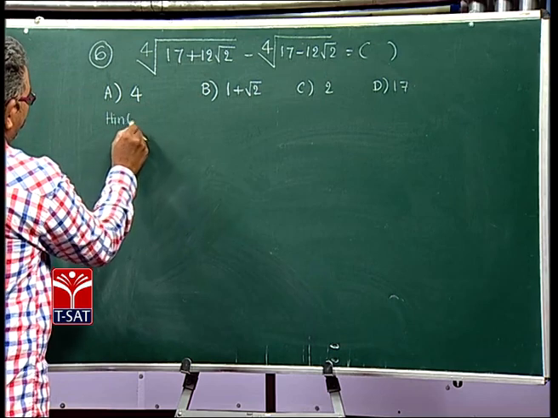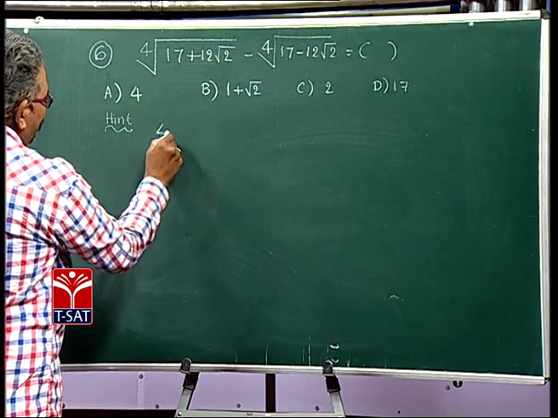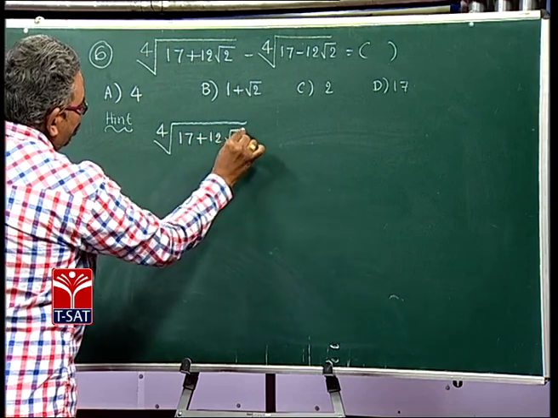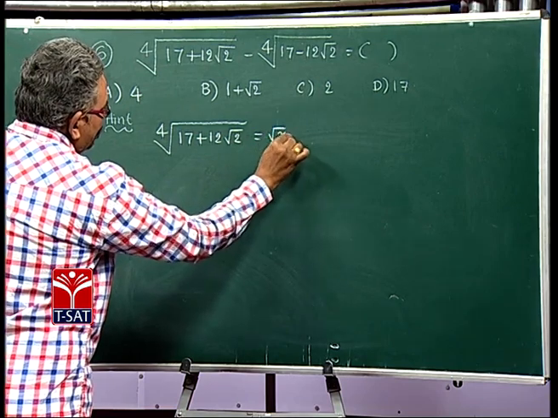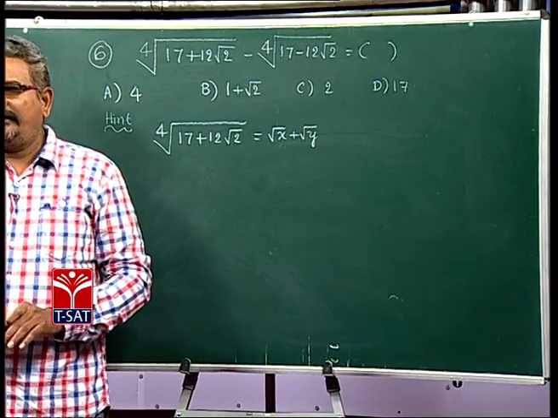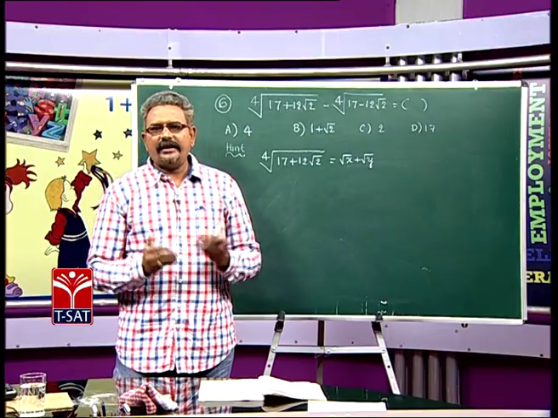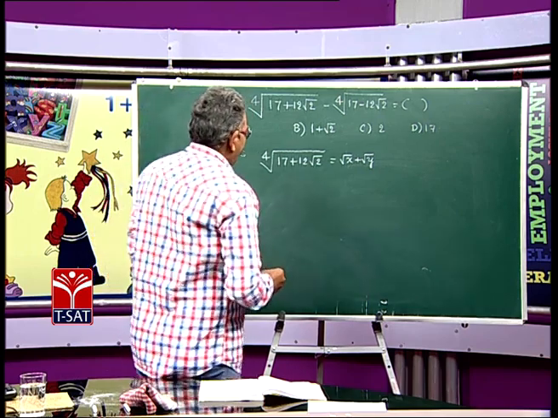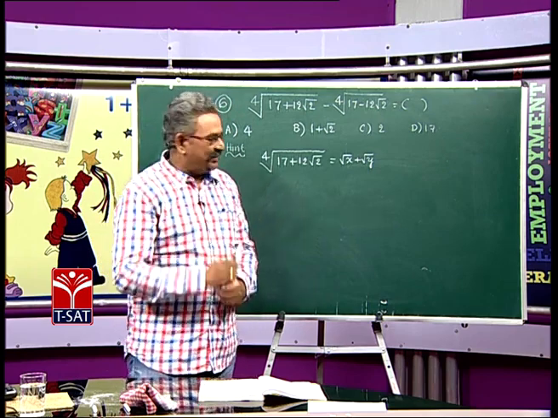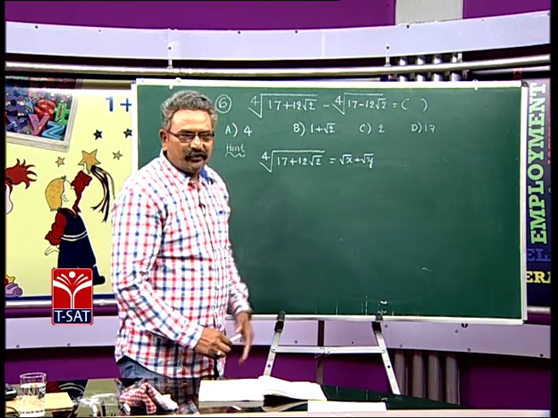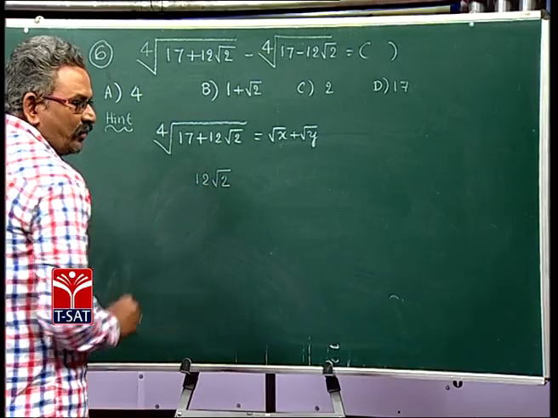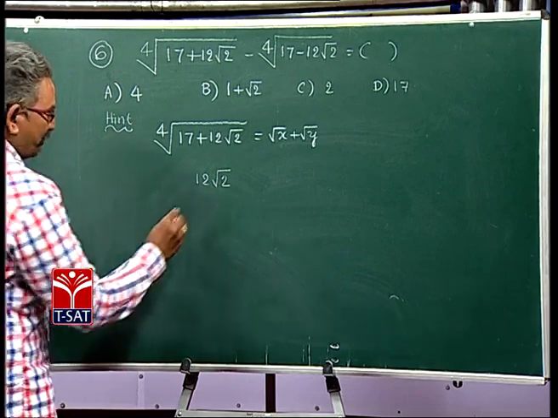First, let us find out the fourth root of 17 plus 12 root 2. This will be in the form of root x plus root y. We have to check for the respective x and y values. I already told you, just look at the irrational part here, that is 12 root 2. Then what we have to do? Divide by 4.